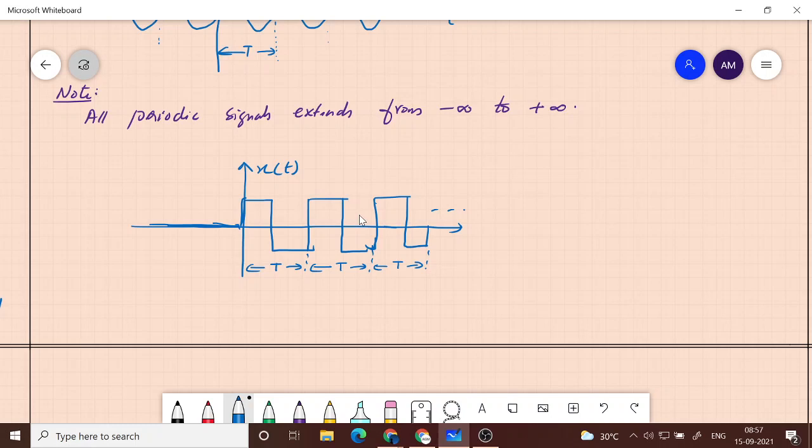The answer is no. Why? Because if you shift it to the right, say x of t minus capital T, what you get is this.